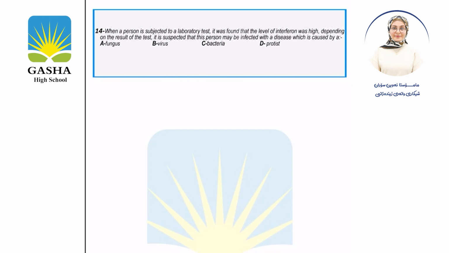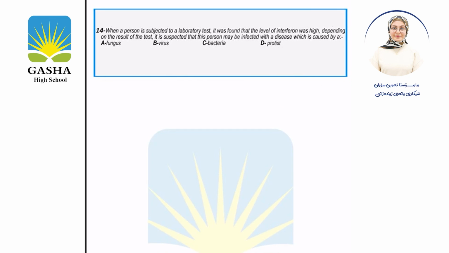Question 14. When a person is subjected to a laboratory test, it was found that the level of interferon was high. Depending on the result of the test, it's suspected that this person may be infected with the disease which is caused by which of the following? Fungus, virus, bacteria, or protist.